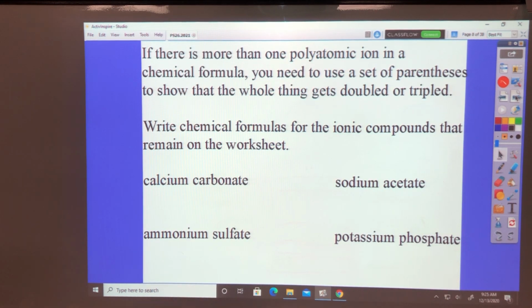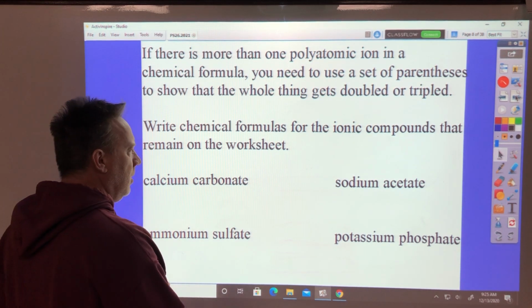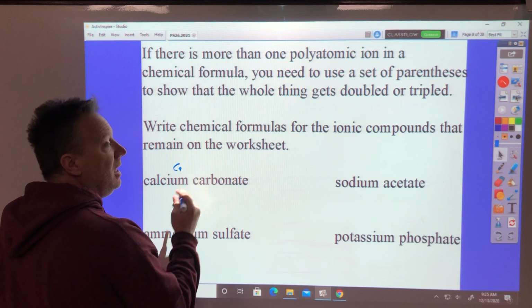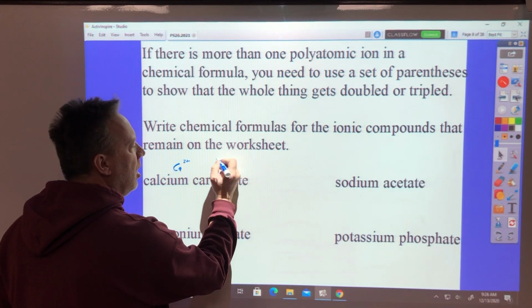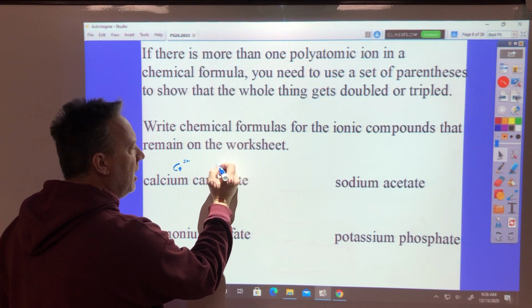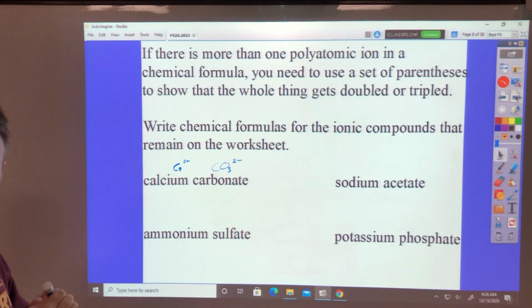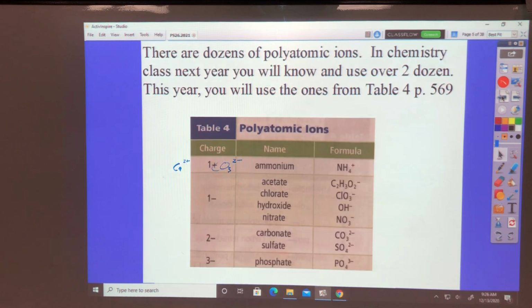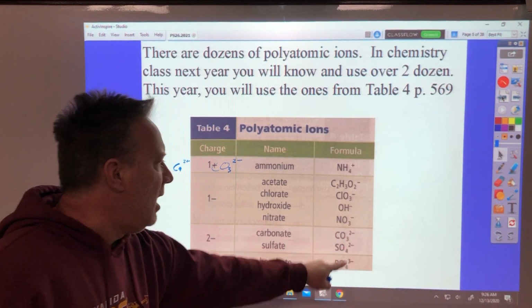Calcium carbonate. Okay, this is a little trickier because you can't leave charges in there, but calcium is in the 2 positive column. It's in the alkaline earth metals, and carbonate is CO3 2 minus. Let me show you. So we got to count these on our fingers again. Carbonate, 2 minus.